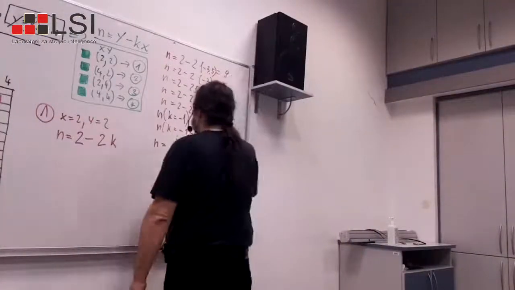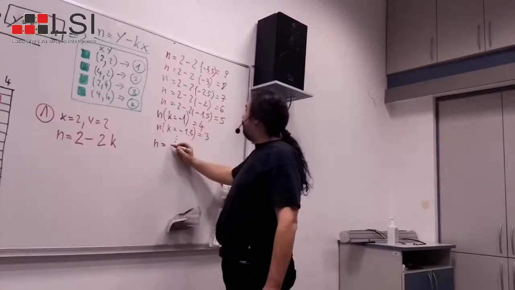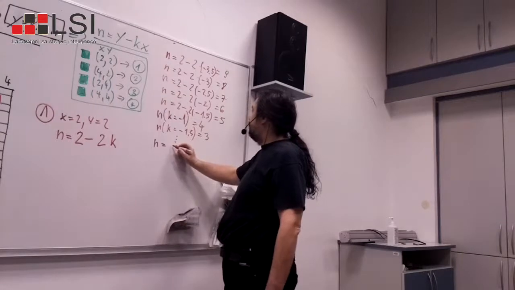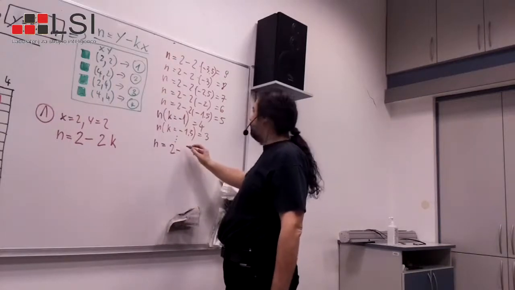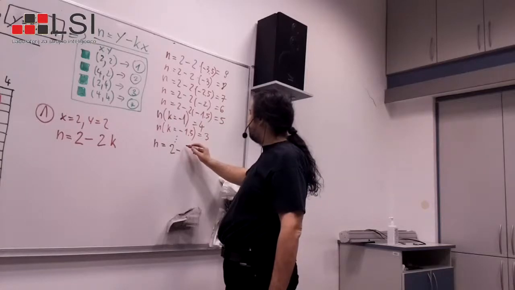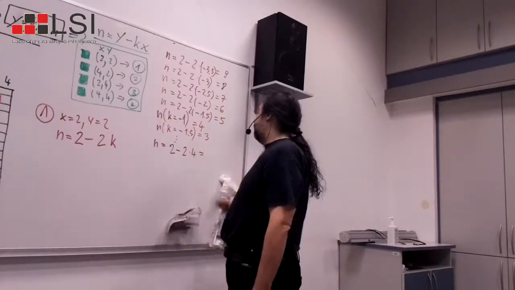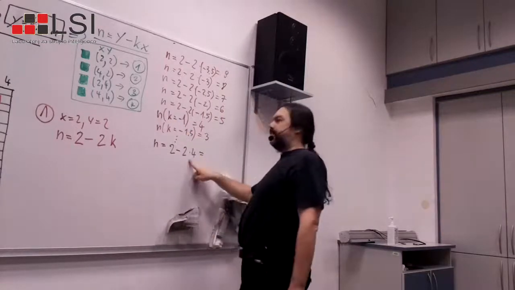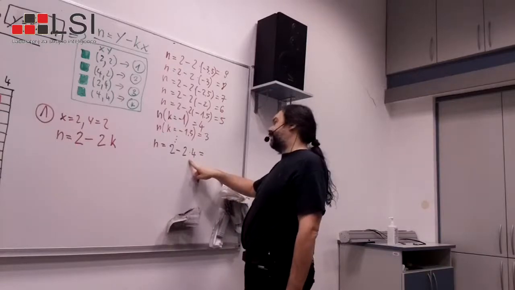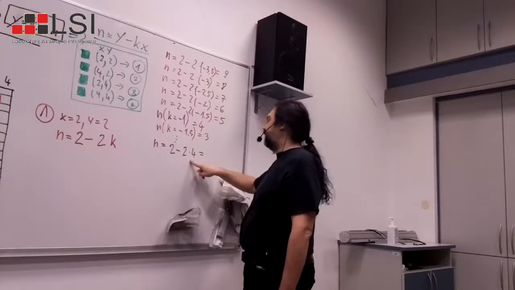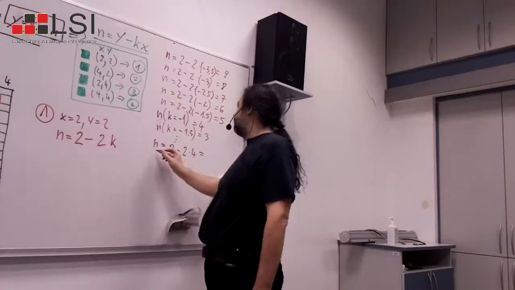Let's calculate explicitly for k of 4, which is the last row here. So 2 minus 2 times 4. 2 times 4 is 8, and so we have 2 minus 8 is minus 6, yeah?